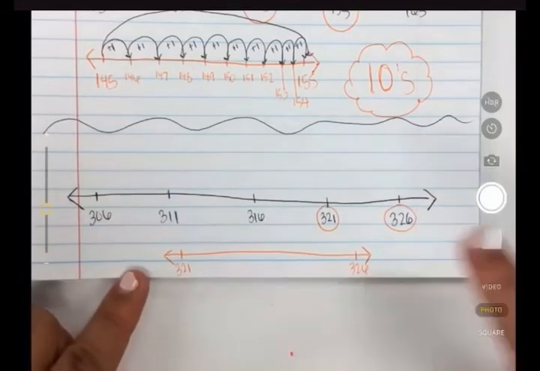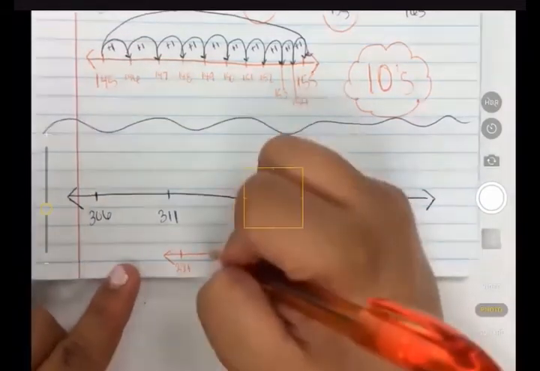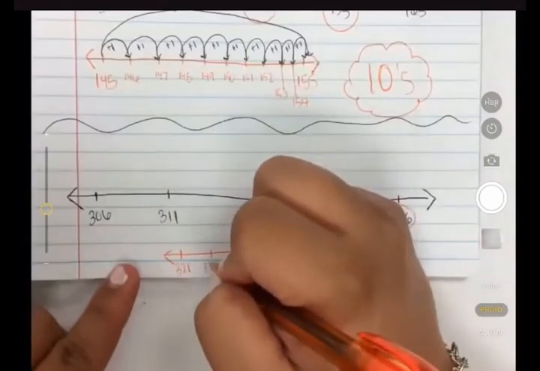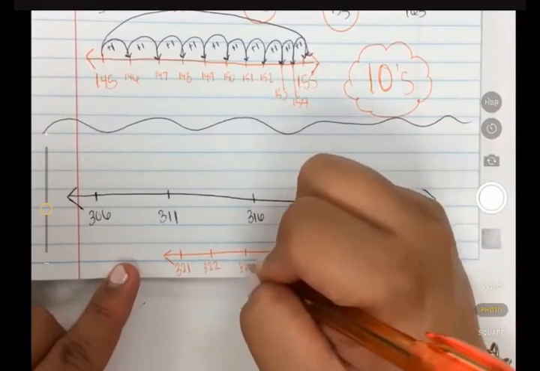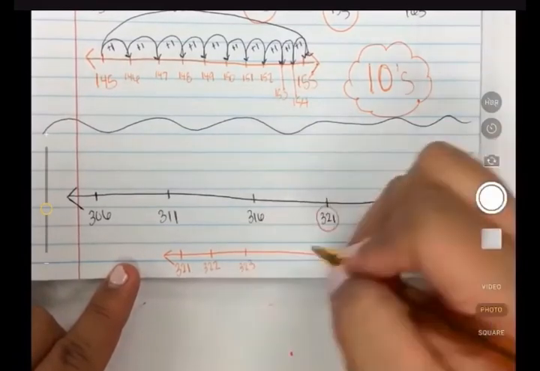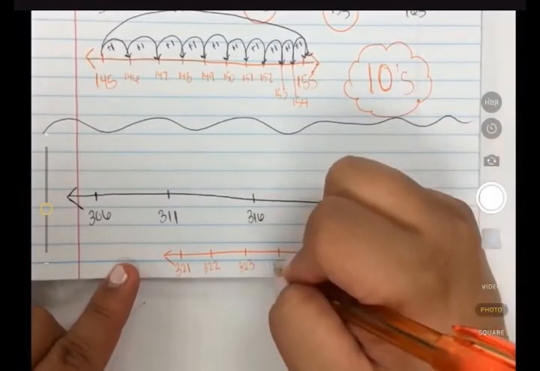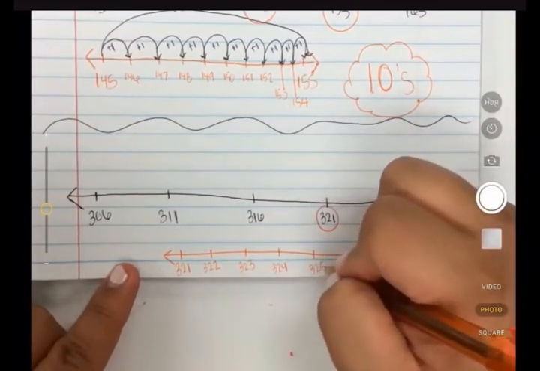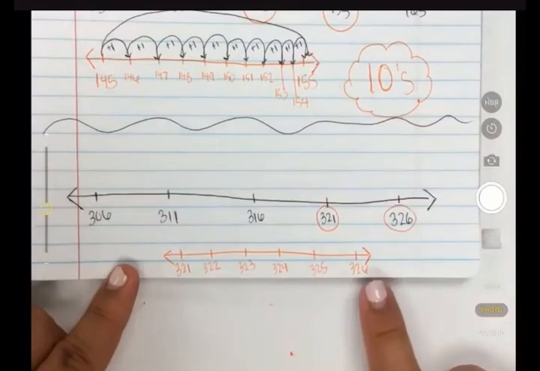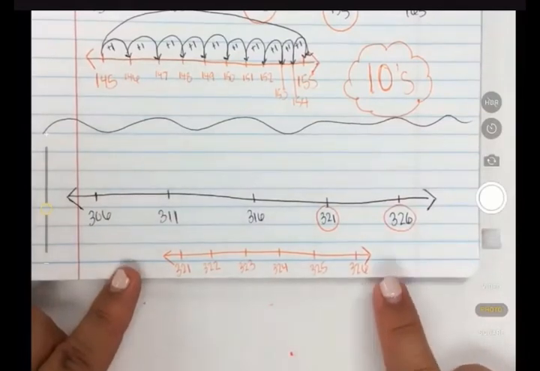All right, so I'm going to fill these numbers in. 322, 323, 324, 325. It ends with 326.